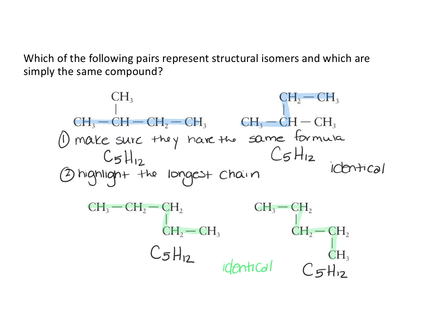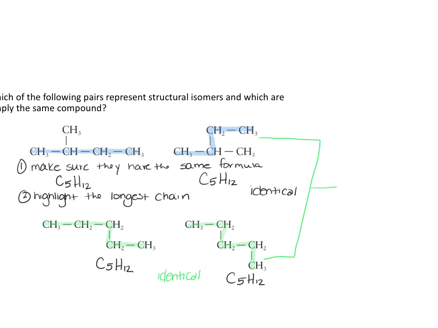But if we compared this to this, those two here, this one and that one, would be structural isomers. Because the longest chain here is 5, but the longest chain here is 4, and there's a CH3 group off the 2.